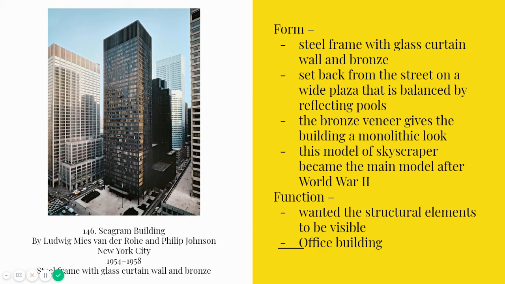It's what makes it very unique. It's a reflective quality, a metallic quality. And this model of skyscraper really became the main model after World War II. So this was quite an influential method of construction and look for quite some time.